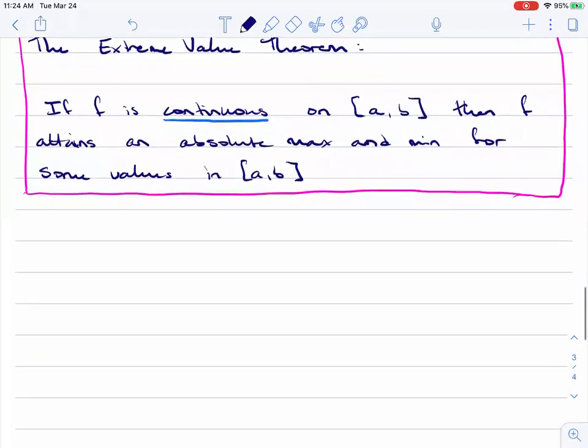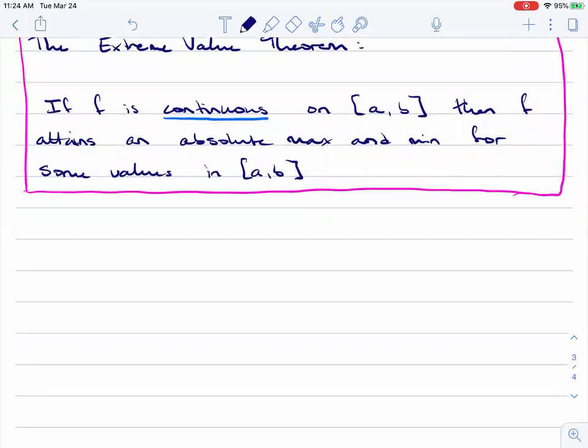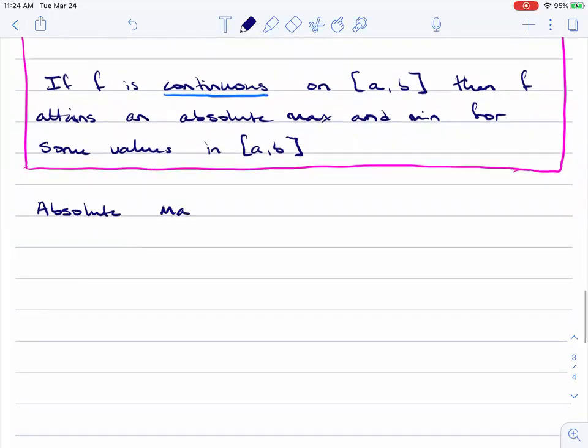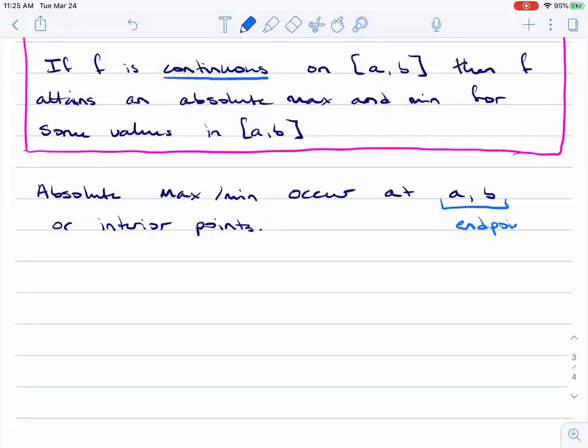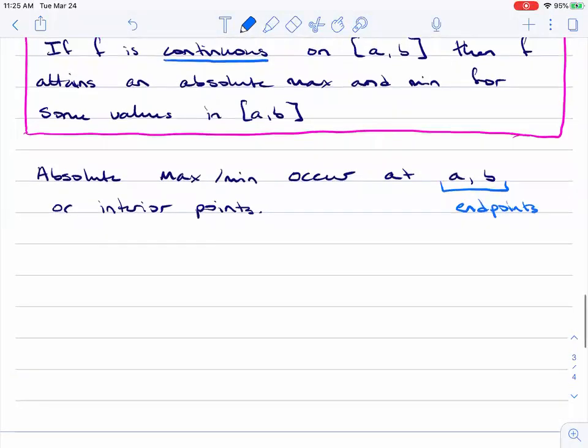One thing to keep in mind is that absolute max/min values occur at A, B, or some interior points, so either at the endpoints or interior points.